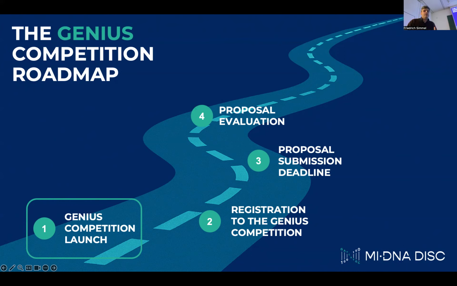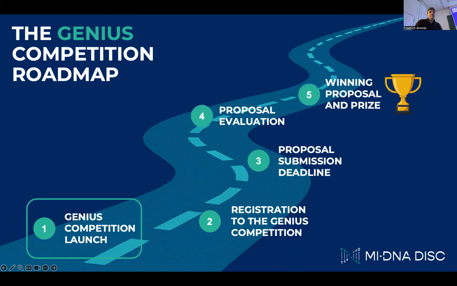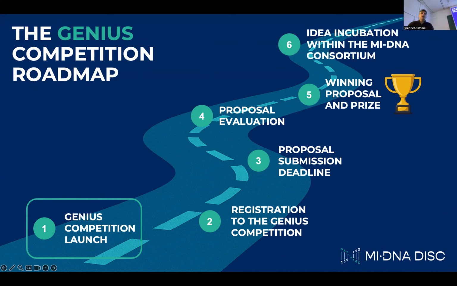Then when all proposals have been reviewed, there will be a winner with the prize that I will show you later. But an important thing is that your idea will be shared with the people inside the consortium.